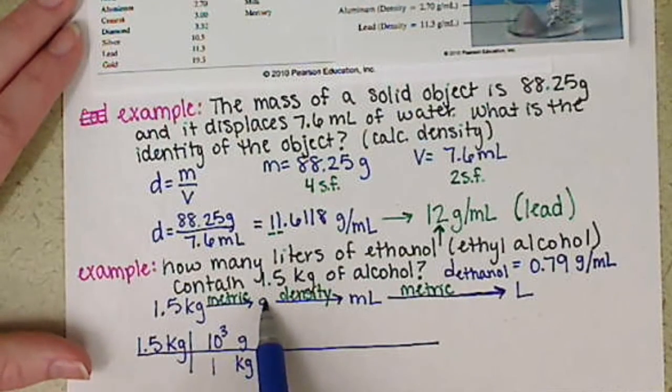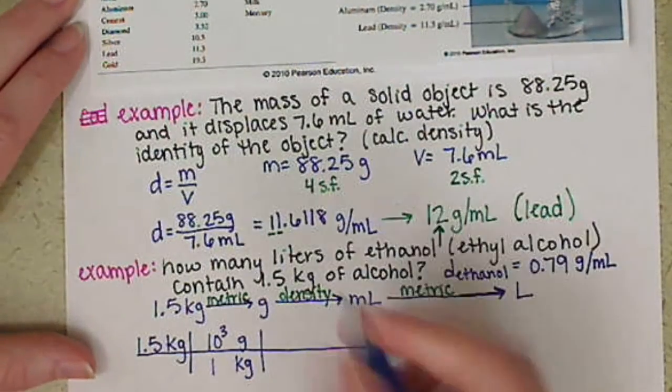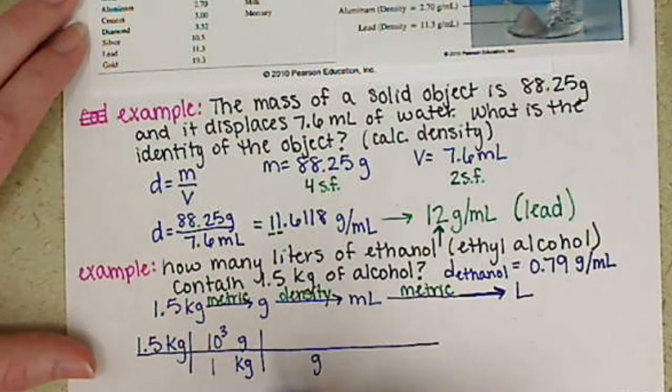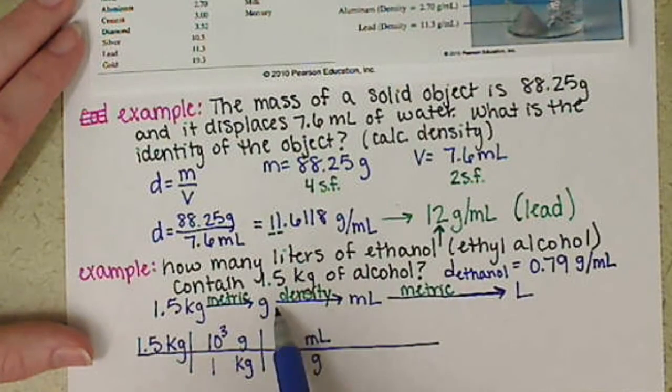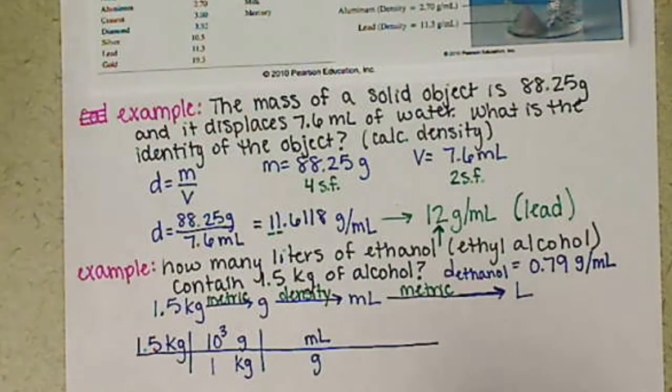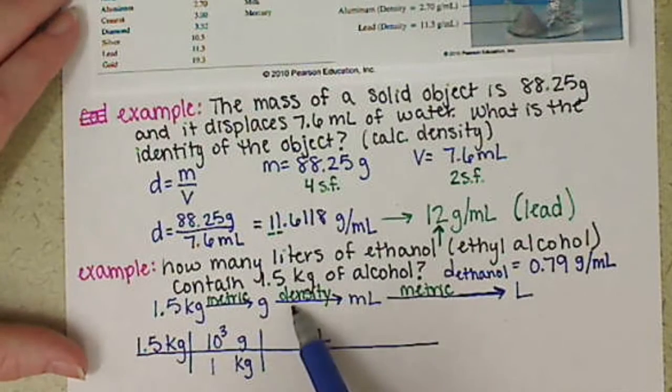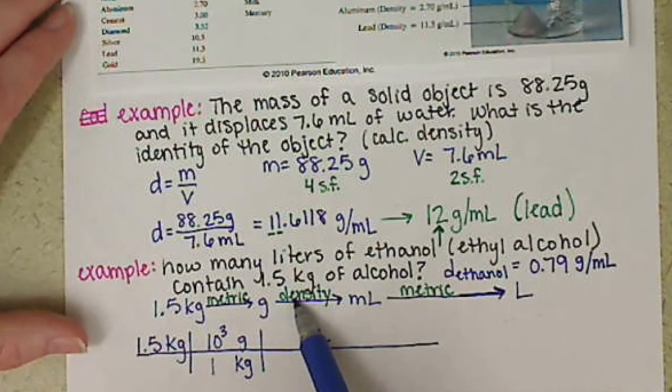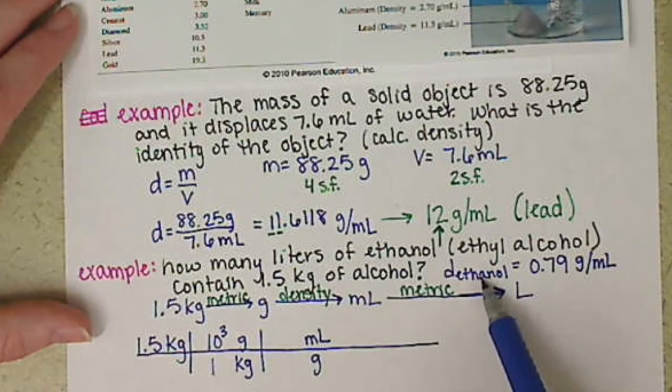My next conversion is to go from grams to milliliters. So I have grams in the denominator so that those cancel, and milliliters up top. If I forget what conversion factor I'm using here, we just look up to our plan of attack. I know I need to use density, and we'd looked that up.